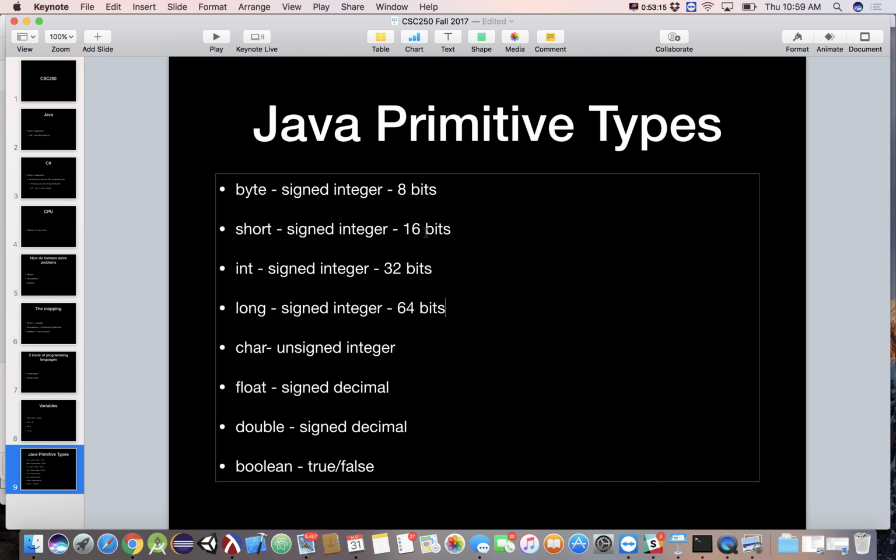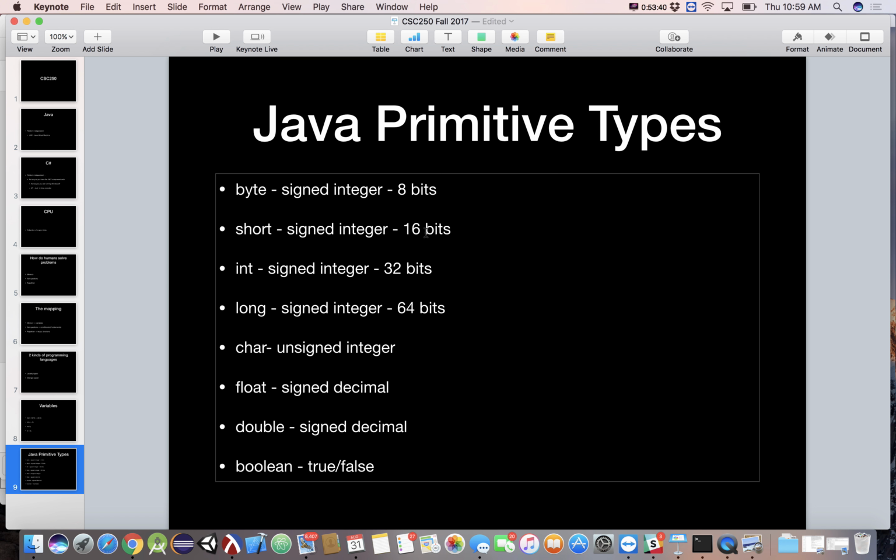A single 0 or a single 1. That's a bit. So to represent a byte, we have 8 bits to work with. And as he pointed out, one of those bits is going to be reserved for the sign. So for the actual value portion, we have 7 bits to work with.